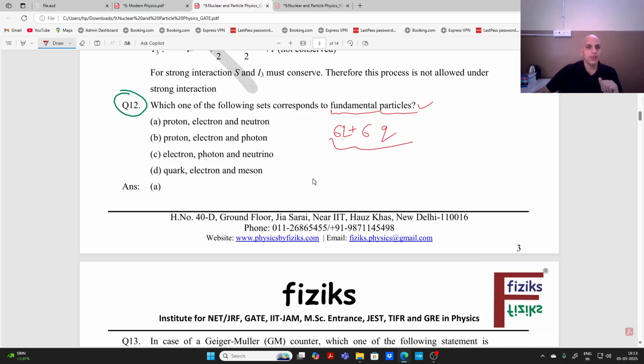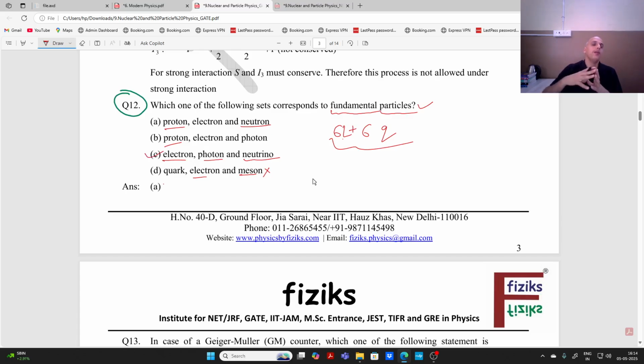So here they have given the answer A, but proton is not a fundamental particle, neutron is not a fundamental particle, again proton is there, right? And electron, photon and neutrino, right? Quark, electron and meson. Meson is again not a fundamental particle. So the correct option is electron, photon and neutrino.